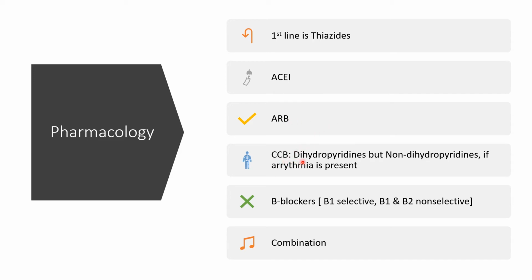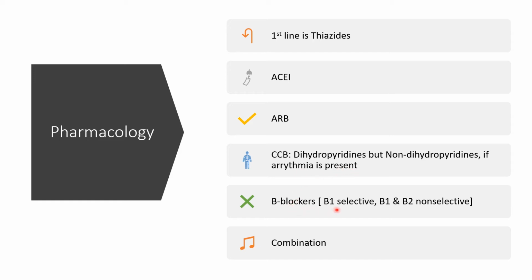Calcium channel blockers: dihydropyridines, but also non-dihydropyridines. How do you mean? Okay. We will use dihydropyridines to handle hypertension, but we will use non-dihydropyridines, that is verapamil or diltiazem, if arrhythmia is present. Why that? I will explain further in a bit.